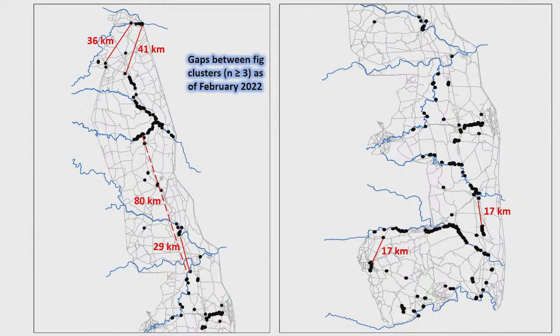Here, the red lines and distances represent gaps between clusters, but in the central region, if we lose a few more fig trees, we will have an 80-kilometer gap between north and south, separating the dispersal agents, such as the bats, and the pollinators, such as fig wasps, and isolating the trees themselves into northern and southern populations.